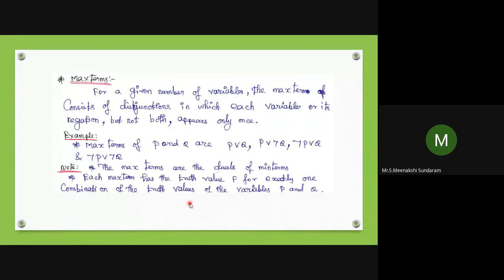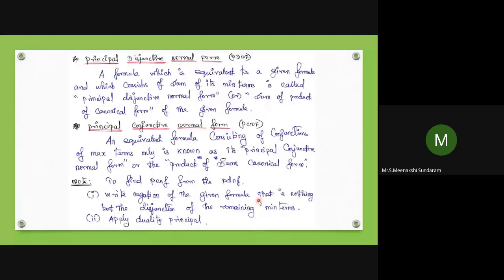Take the negation, and you get the max term. For the false case, you can take the negation, by duality, and you get the max terms. That's why they say the max terms are the dual of min terms. Each max term has the truth value false for exactly one combination of the truth values of the variables P and Q. With only one variable, the commutative law should be applicable, so you can apply the idempotent law to write for one term.